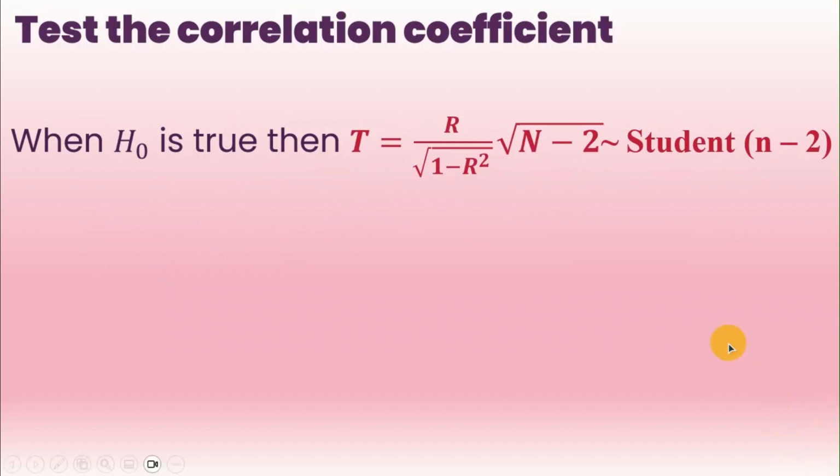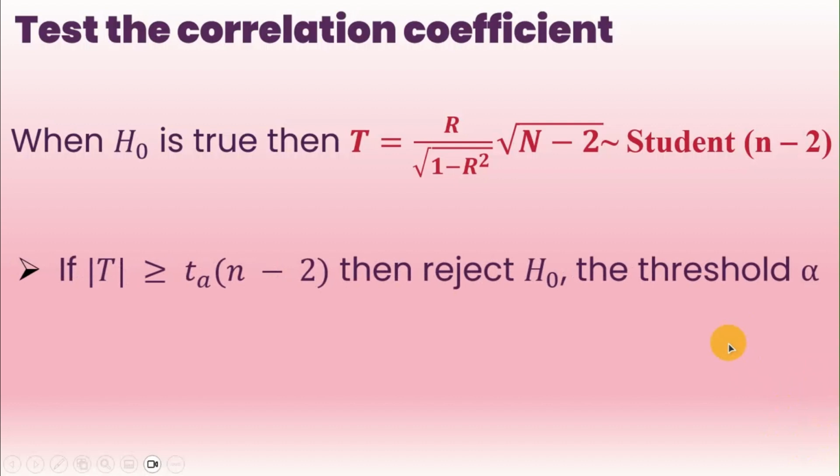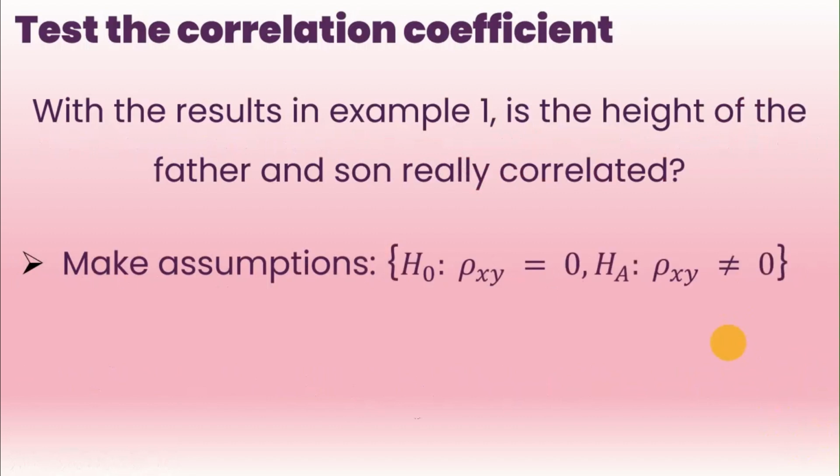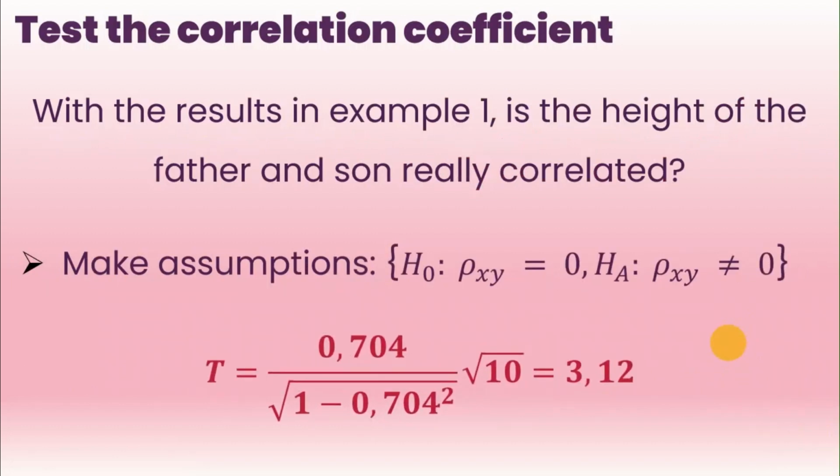With the result in example 1, is the height of the father and son really correlated? Use the formula and calculate it. With this formula, T equals 2.23, so H0 should be rejected and HA accepted.